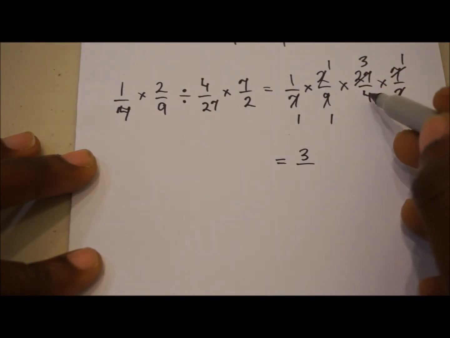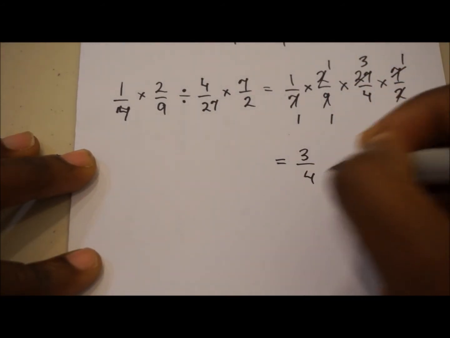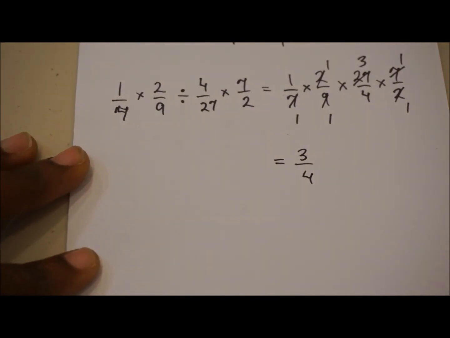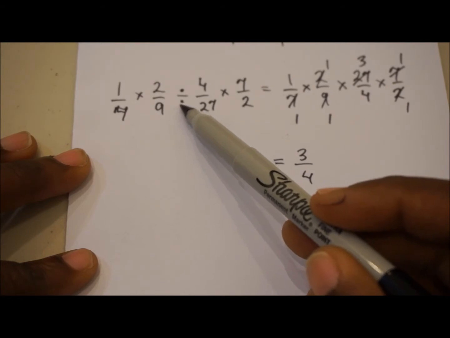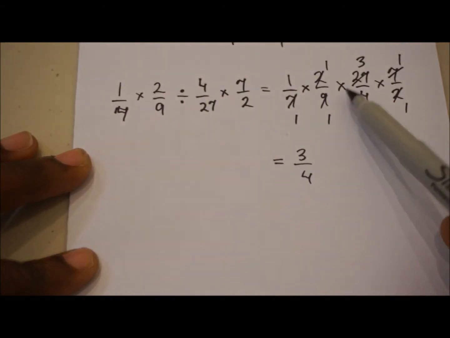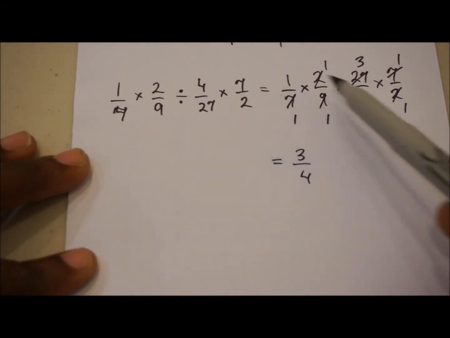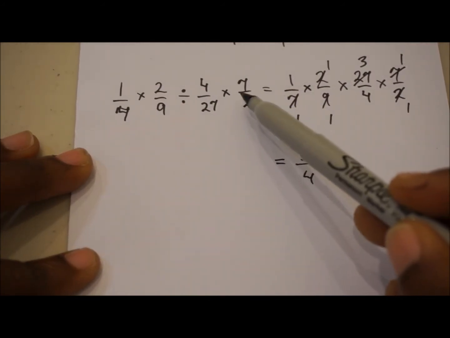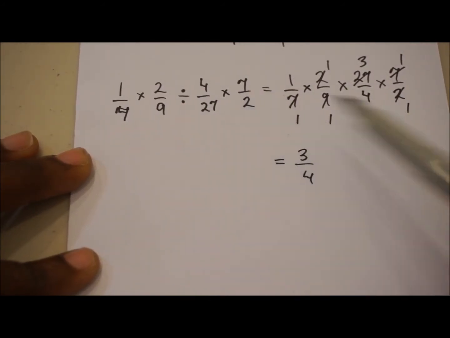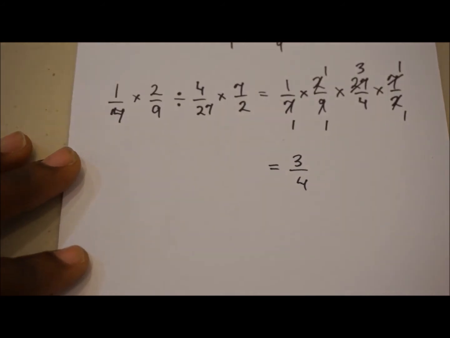And 1 times 1 times 4 times 1 is 4. So notice in this problem we had a division sign in the middle. The division changes into a multiply, and the fraction immediately after that gets flipped. The other fractions which had multiplication signs just before them remain exactly the same way that they are.